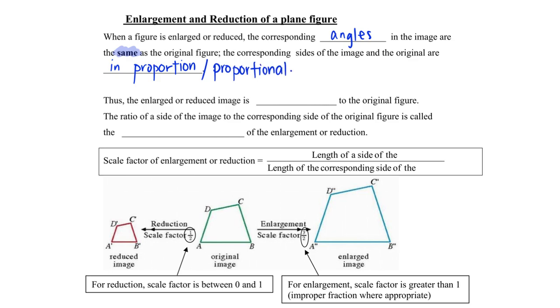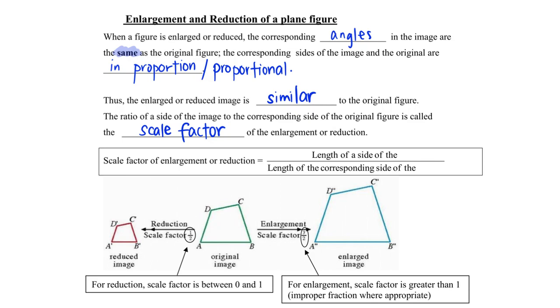And thus, the enlarged or reduced image is actually similar to the original figure. So the ratio of the side of the image to the corresponding side of the original figure is called the scale factor of either the enlargement or the reduction.